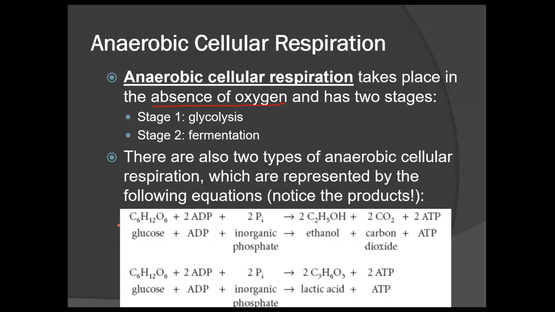There are 2 kinds that we're going to focus in on, and again we'll talk more about these later on when we get into the last concept in this unit. There's lactic acid fermentation and alcohol fermentation. One is going to produce ethanol and one is going to produce lactic acid. Like I said, we'll build up to that and talk more about it later on.